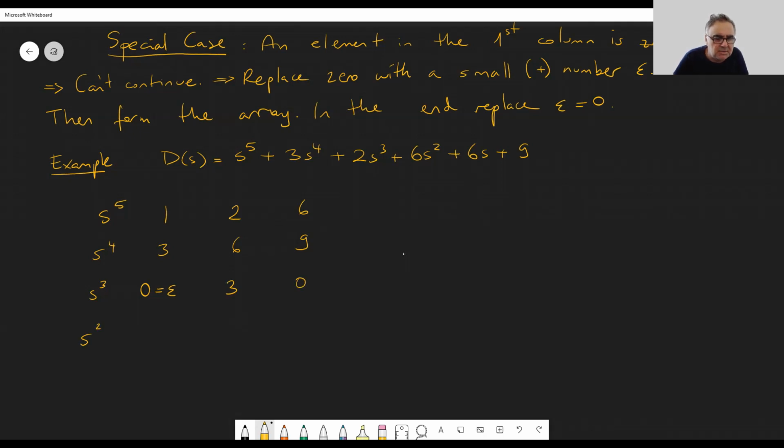We take this thing, 6 epsilon minus 9. So it is 6 epsilon minus 9 divided by epsilon, right? This is 9, because 9 epsilon divided by epsilon is 9, and then 0.